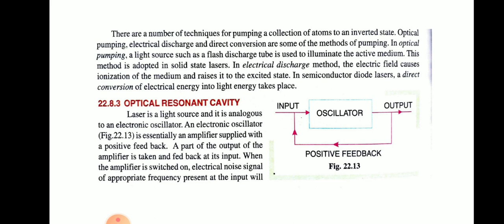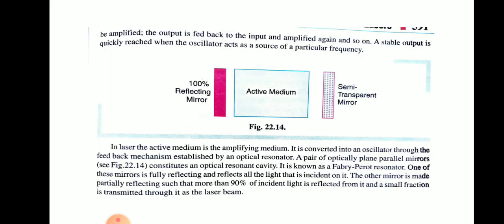When the amplifier is switched on, electrical noise signals of appropriate frequency present in the input will be amplified. The output is fed back to the input and amplified again, and so on. A stable output is quickly reached when the oscillator acts as a source of the particular frequency.